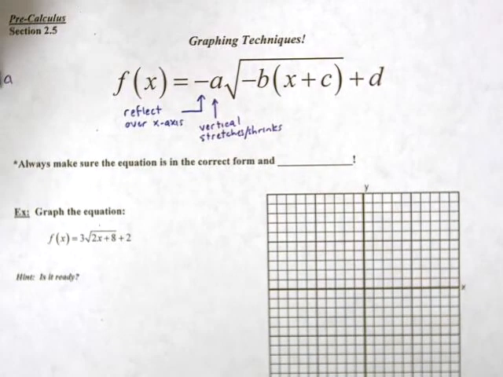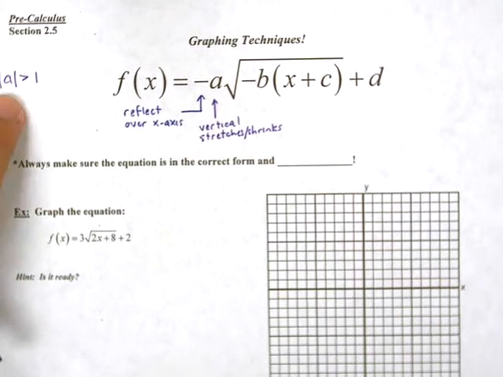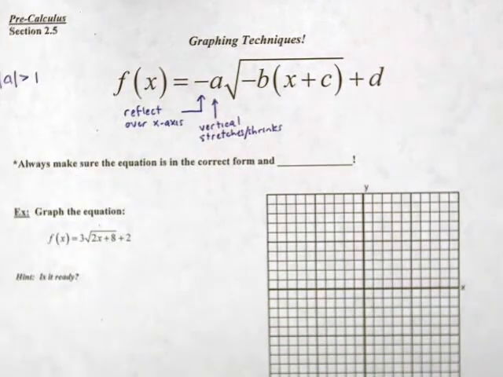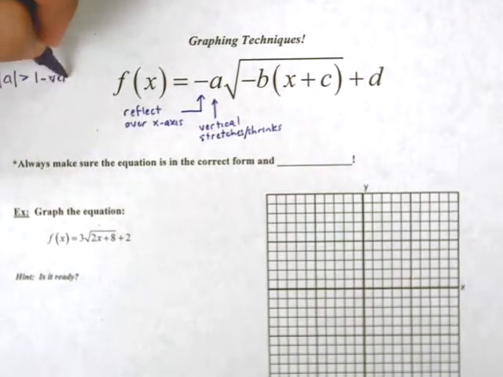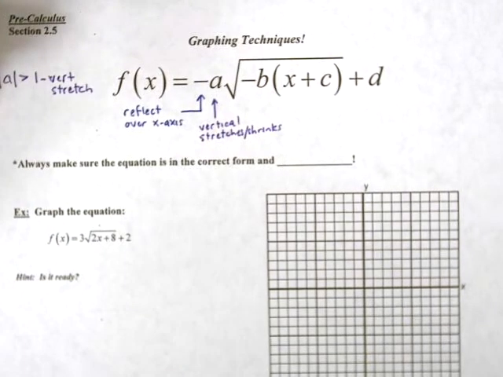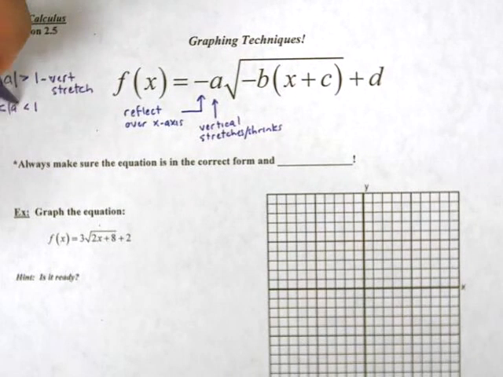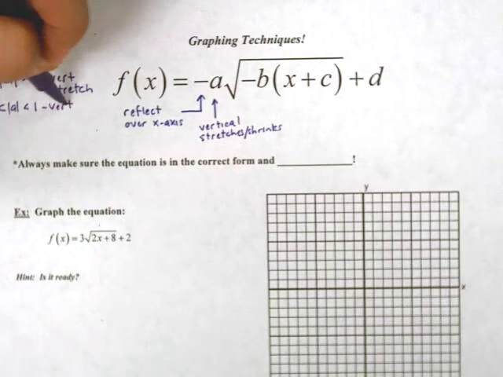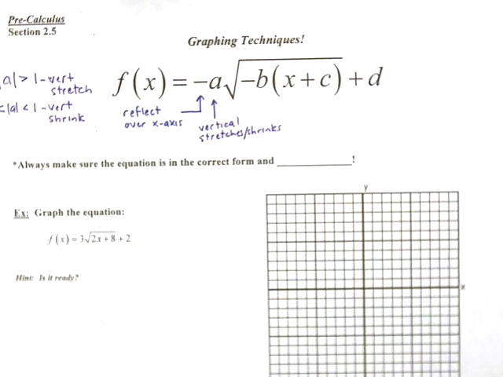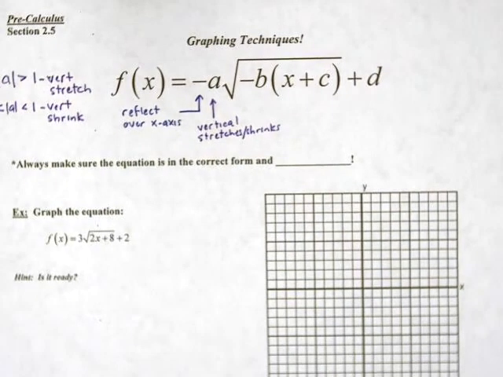If a is greater than 1, we know it's going to be a vertical stretch. If 0 is less than a is less than 1, then we know that it's going to be a vertical shrink. That just means, is a between 0 and 1? Is a a fraction or a decimal? Because then it would be a shrink.